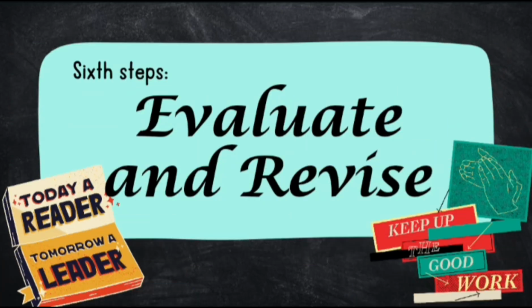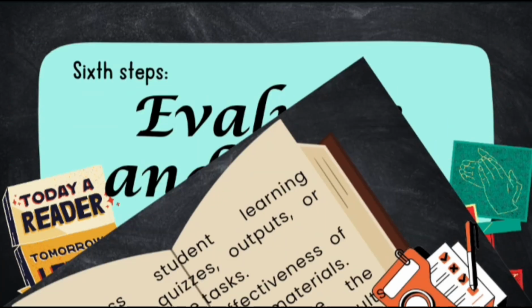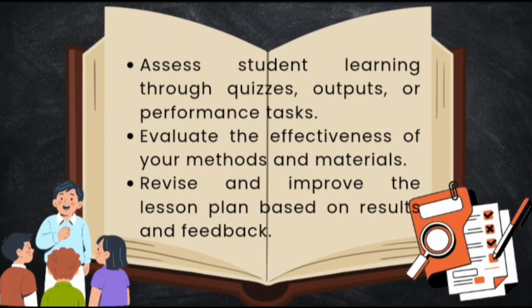Sixth step, or the last step, Evaluate and Revise. First bullet says, assess students' learning. To conclude, evaluation through quizzes, outputs, or performance tasks shows whether learners have met the objectives. Second bullet, evaluate the effectiveness of your methods and materials.